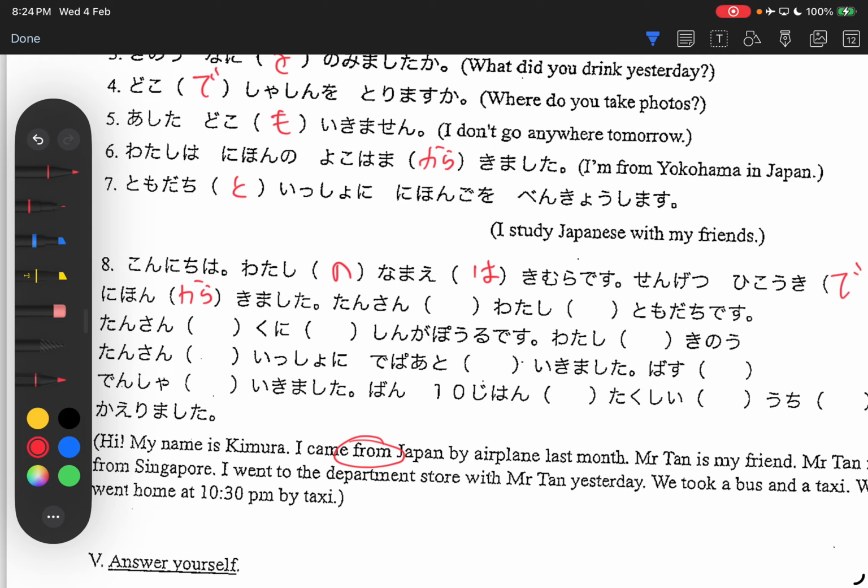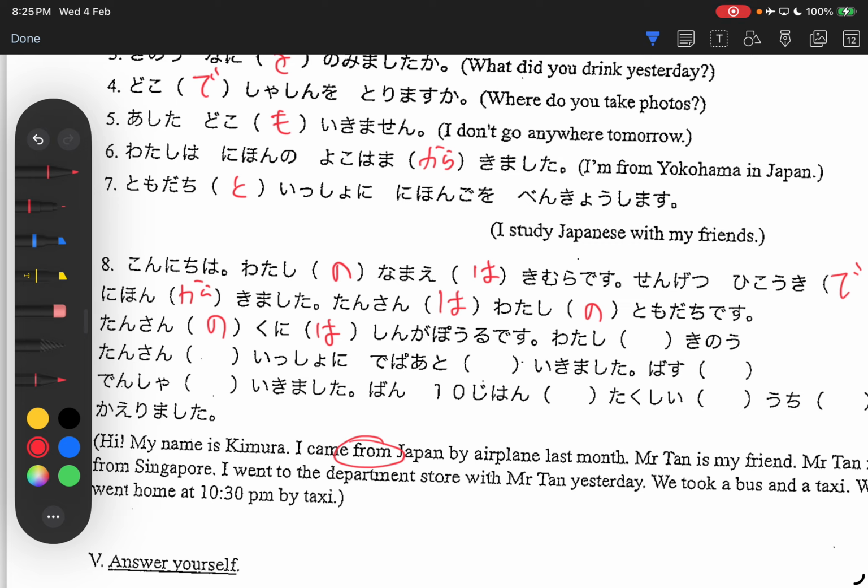Okay, Tan-san. Yes. Tan-san は私の友達です. Very good. Okay, next sentence. Tan-san は国は. We can't have two wa in a sentence, we only have one subject, so one of you have to change. 国の... Right, it has to be Tan-san no kuni wa シンガポールです.